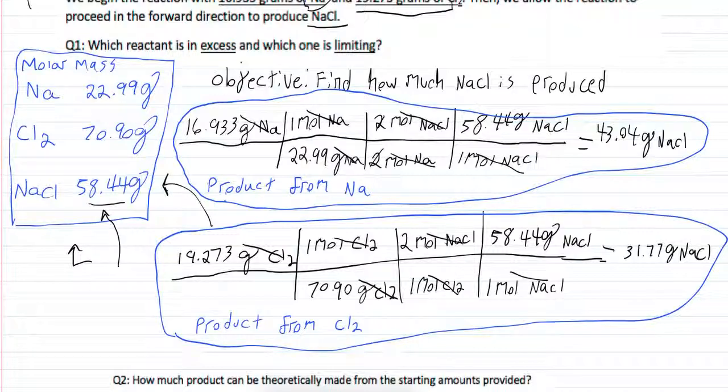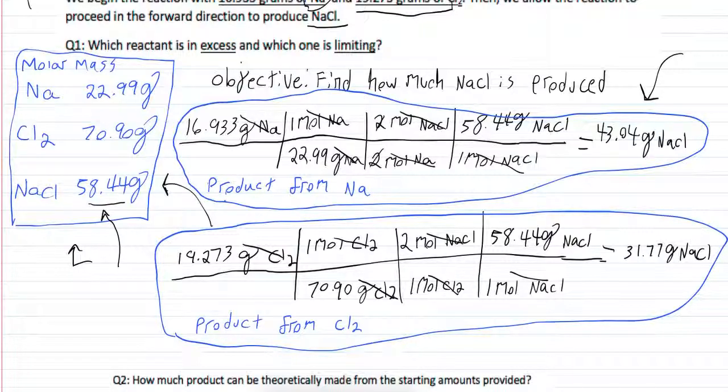Now the question originally asked us, what reactant is in excess and which one is limiting? The limiting reactant is always going to be the one that gives you the smaller answer. You have 2 answers. One is a good one, one is a meaningless one. The good answer is always the one that's smaller, since that's the amount we can actually make. The bigger one is a lie. We cannot actually make that much.